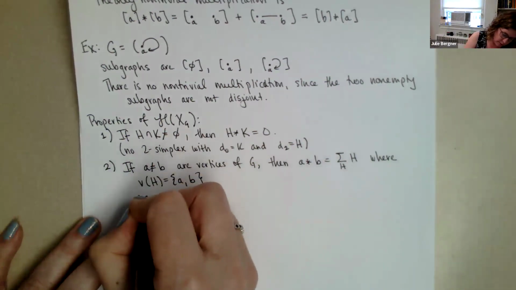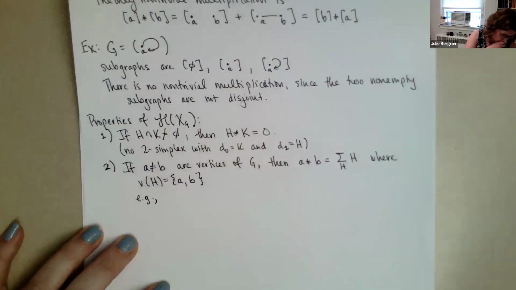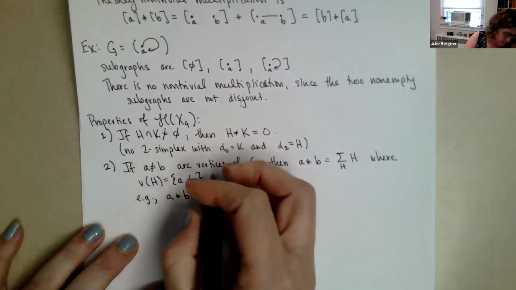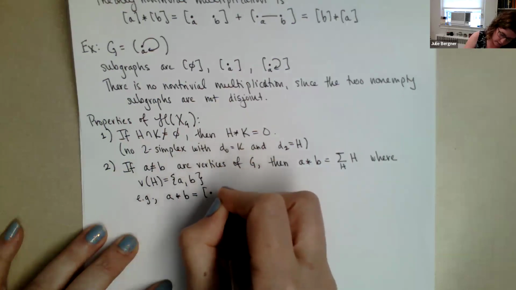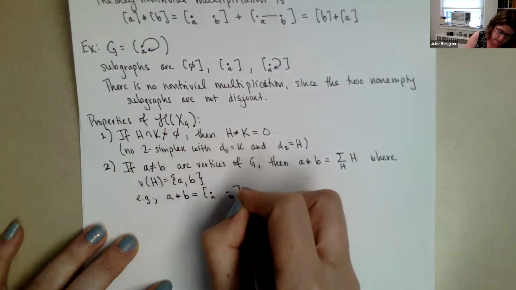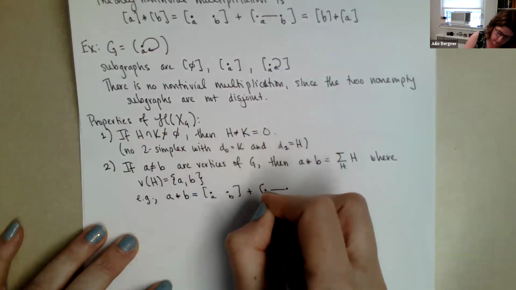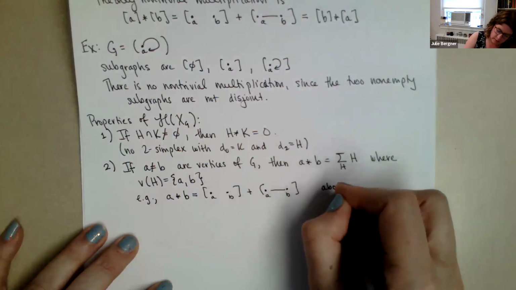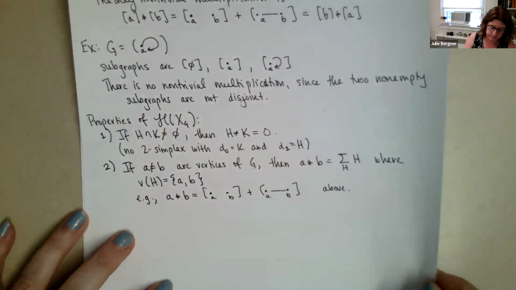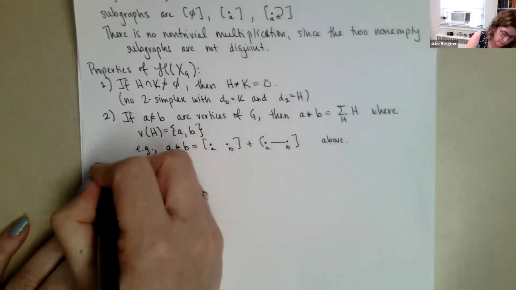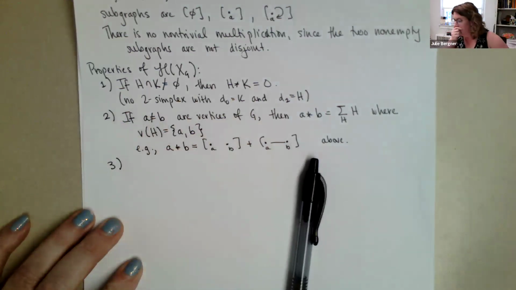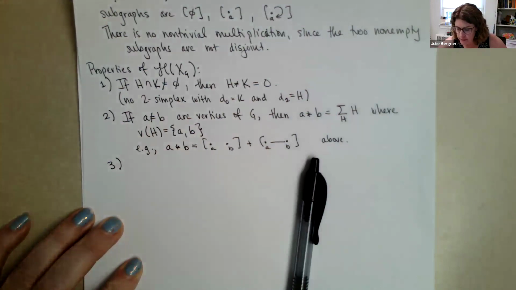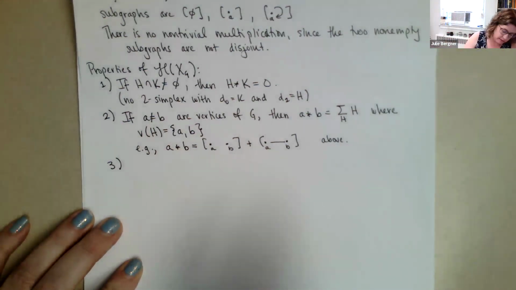So for example, we saw this above when we multiplied A and B: we had two choices there, the subgraph with the edge and the subgraph without the edge in the example above. But this principle applies more generally.